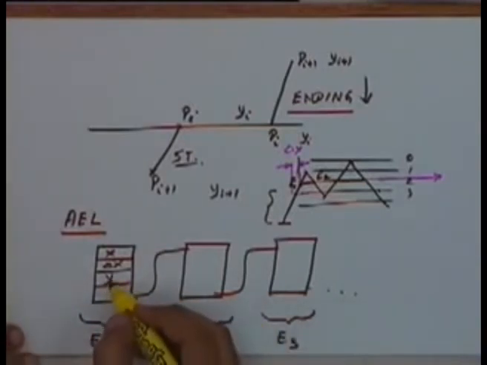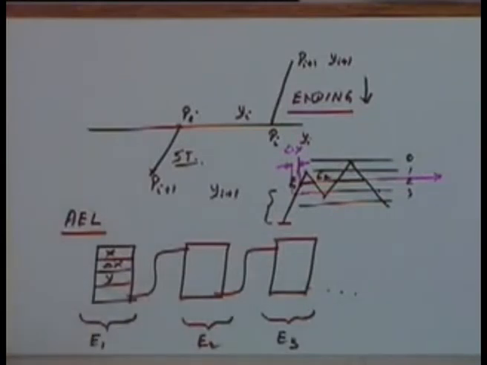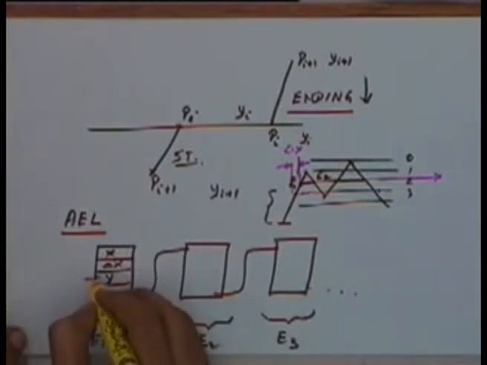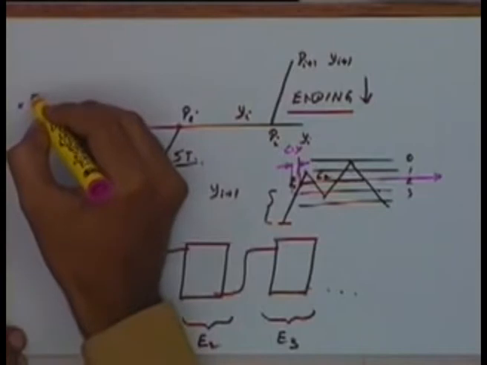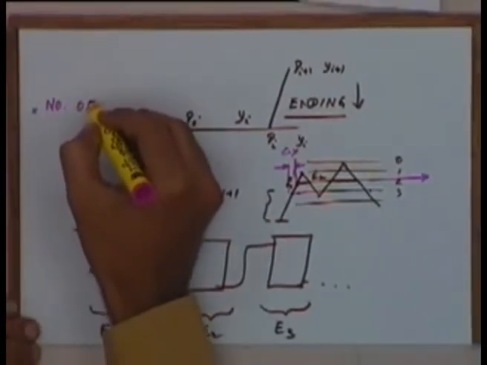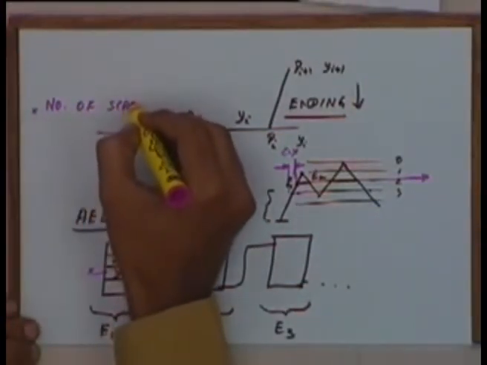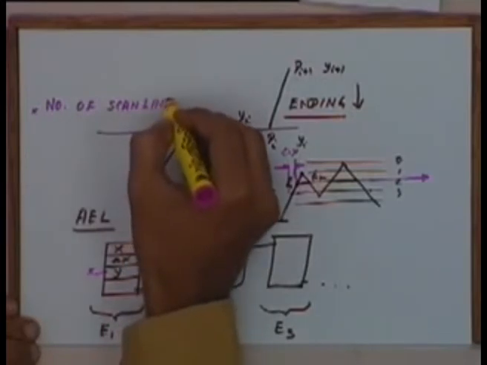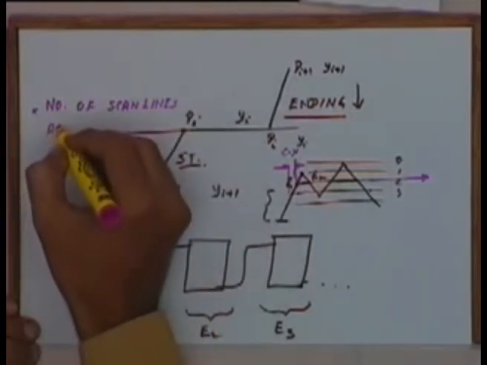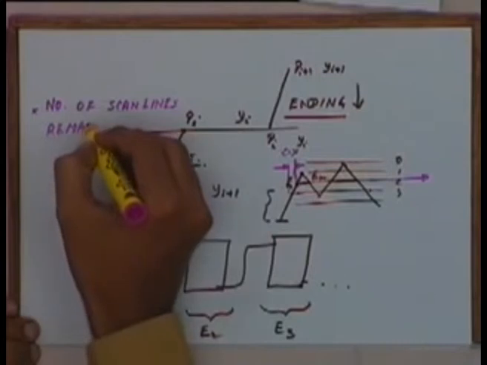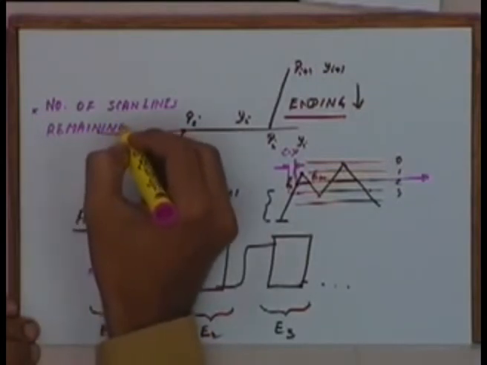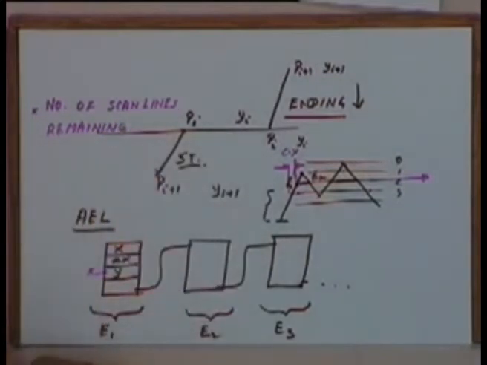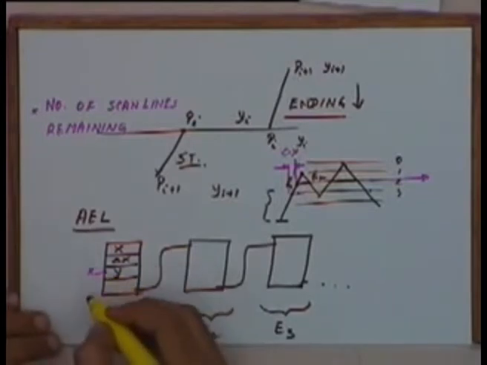So this y value is the number of scan lines remaining. Okay, number of scan lines remaining.